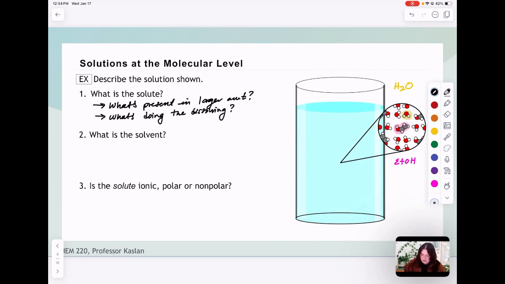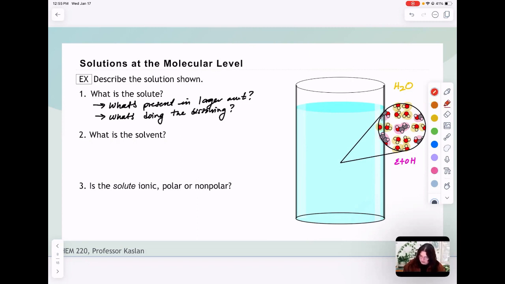If we look at our little zoomed in version of what's going on in this beaker, let's just count our waters. 1, 2, 3, 4, 5, 6, 7, 8, 9, 10, 11, 12 waters. And then compare that to our ethanol. 1, 2, 3, 4, 5.